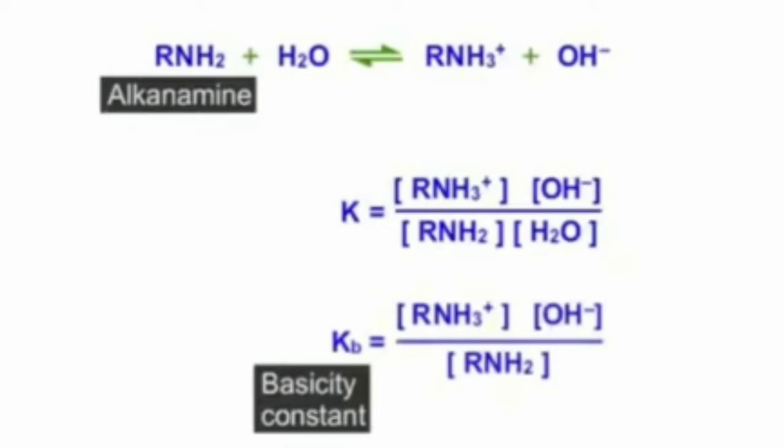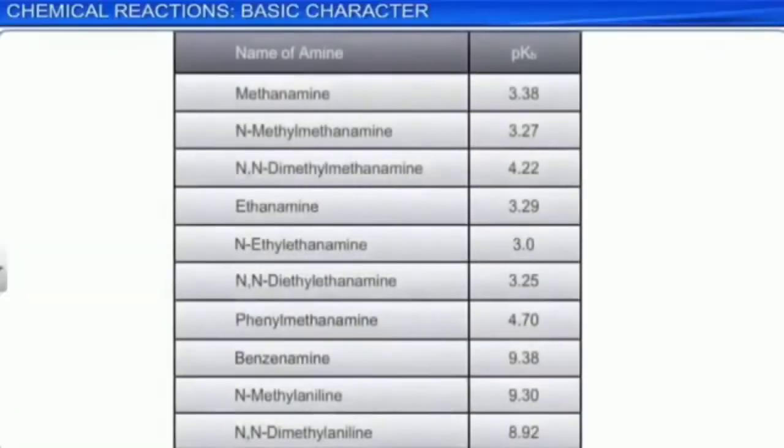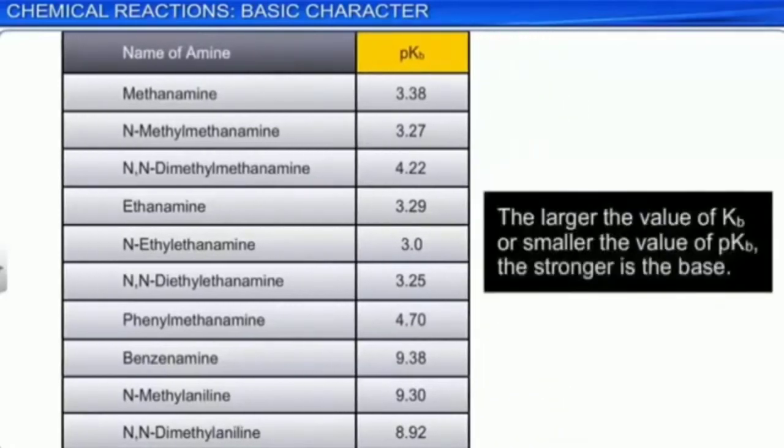You get an idea of the basicity of amines from their Kb or pKb values. The larger the value of Kb or the smaller the value of pKb, the stronger is the base. The pKb values of some amines are given in the table. From this, we can identify that aliphatic amines are more basic than aromatic amines.